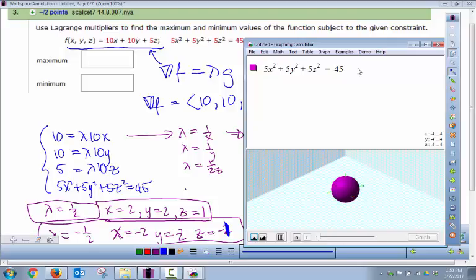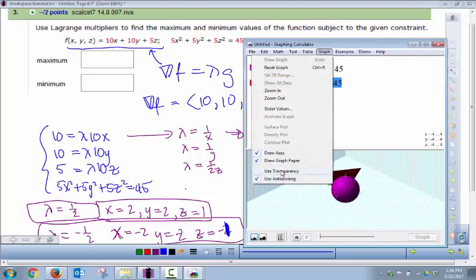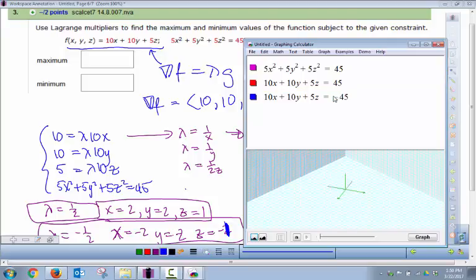And then now let's take a look at a couple of planes. We got 10x plus 10y plus 5z equals to, what were some of the values that we had? 45? So we got one of them. Clearly it's tangent. I don't know if it's clearly, but it's tangent. And then we'll throw the other one up there with a negative 45, and that is also tangent.